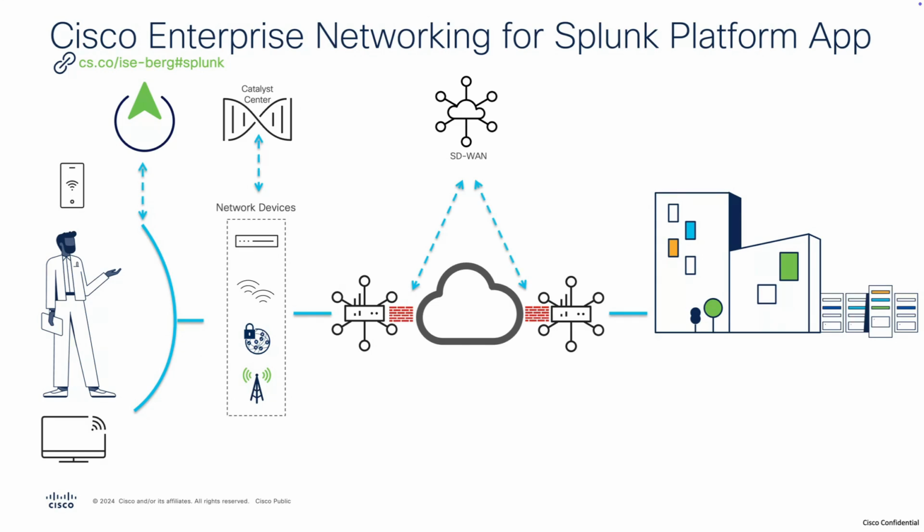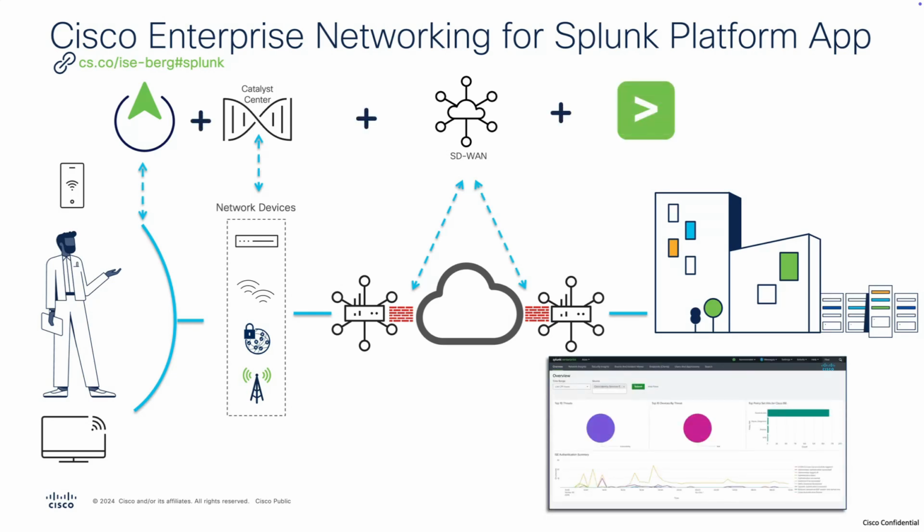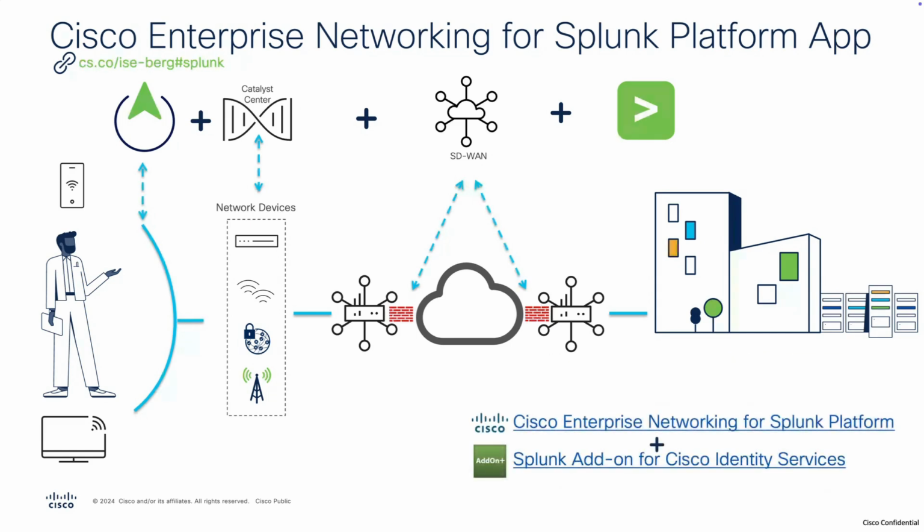So you got these three elements in your Cisco Enterprise Network, apart from the firewall, switches, routers, everything. So all this data being ingested, when you integrate with the Splunk, you basically are going to get all the events in your enterprise network. That is the reason why the app was called Cisco Enterprise Networking for Splunk Platform App.